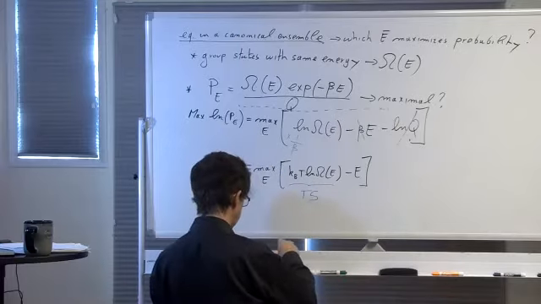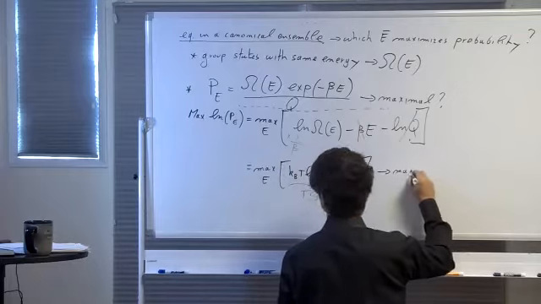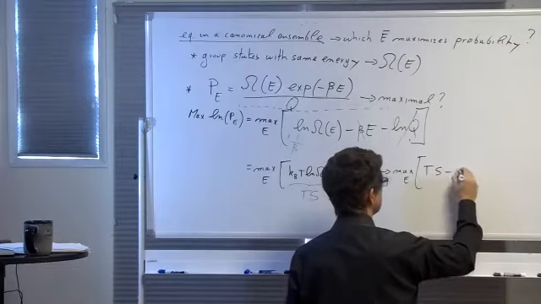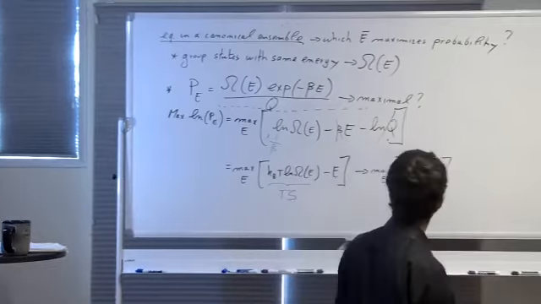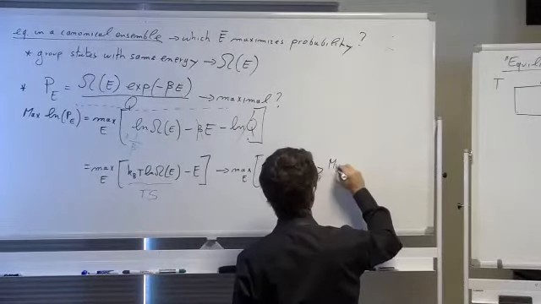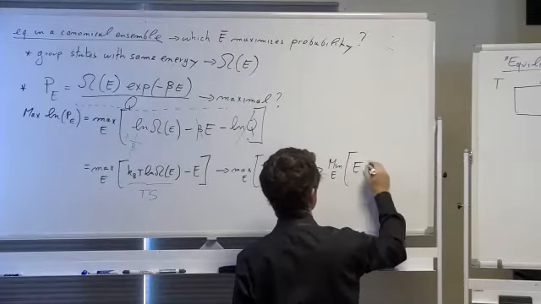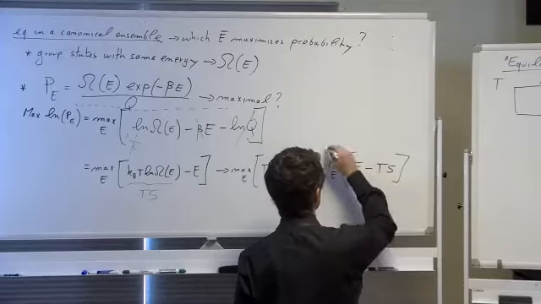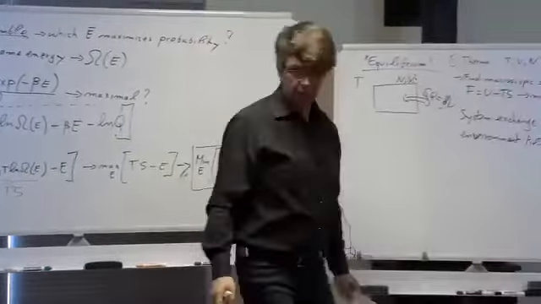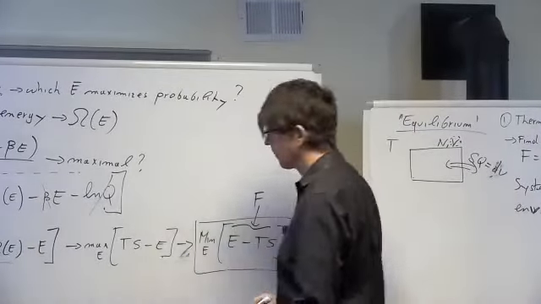So what are we maximizing? We are maximizing TS minus E, or that means I could minimize over E. I multiply by a negative sign, right? E minus TS. So what I'm minimizing is the free energy, right? The Helmholtz free energy.